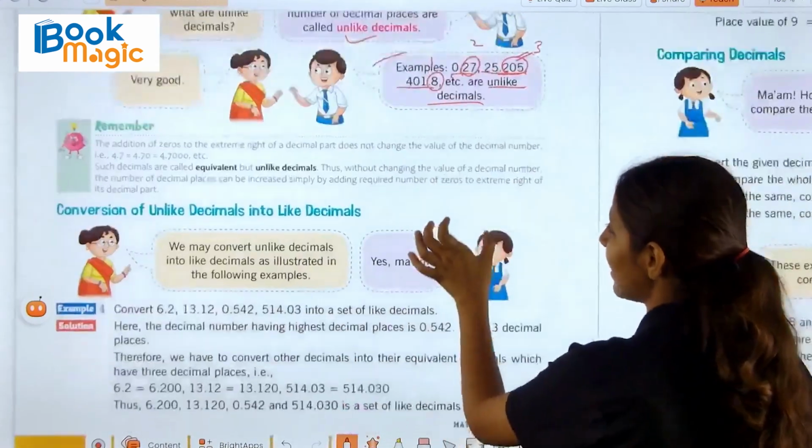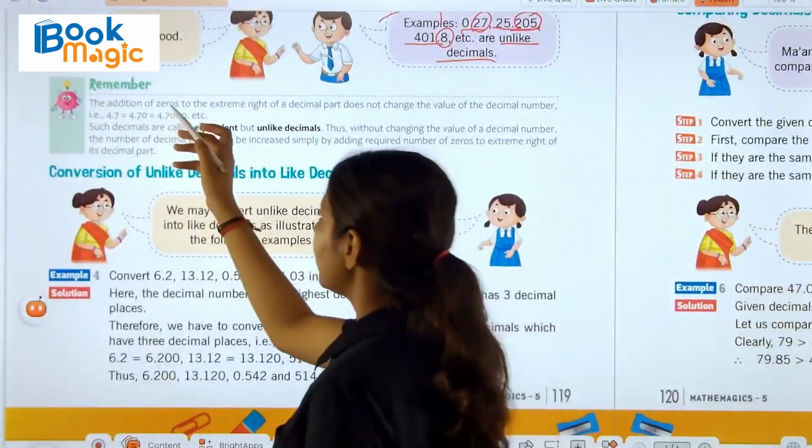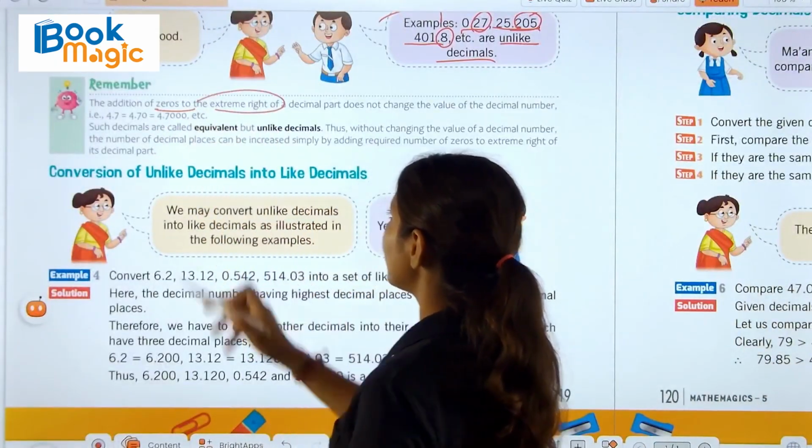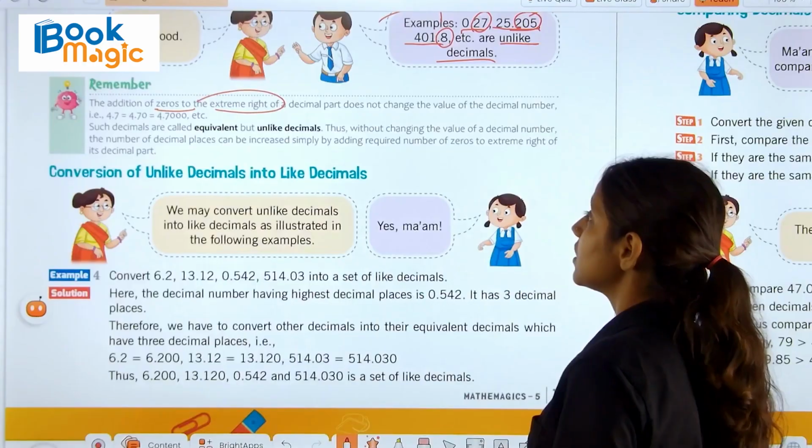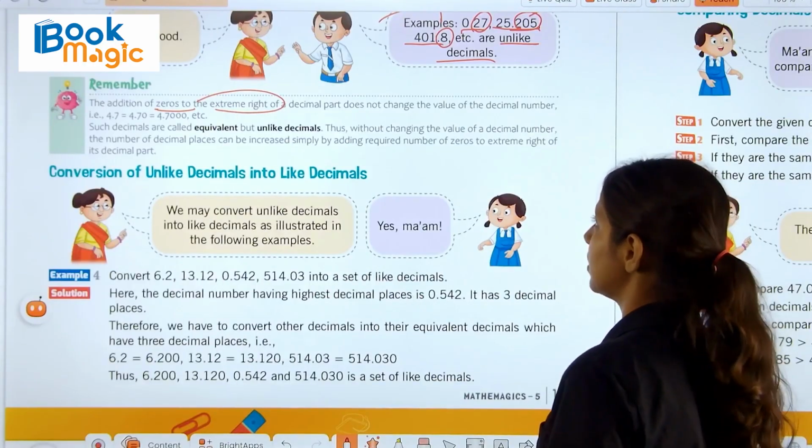Here we have a remember point. The addition of zeros to the extreme right of a decimal part does not change the value of a decimal number.